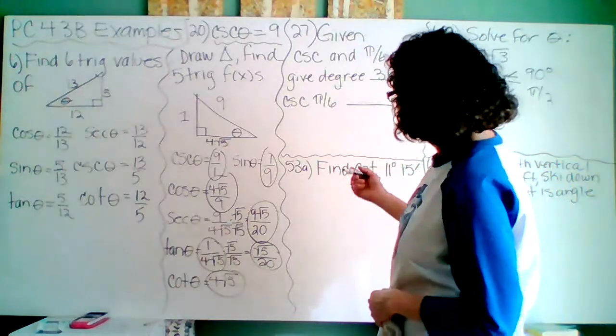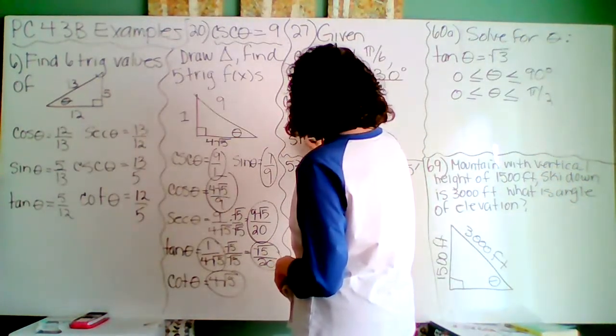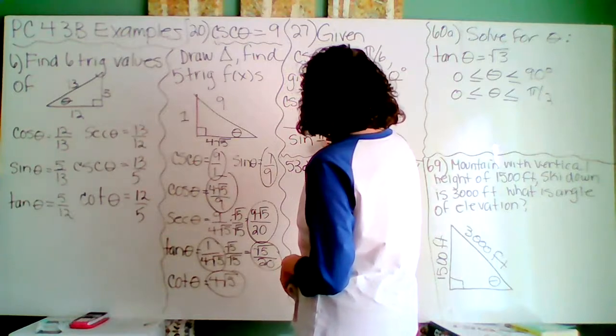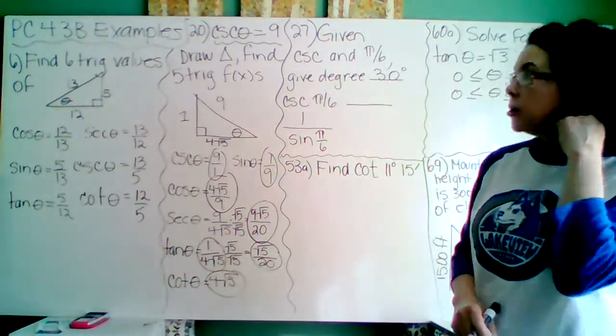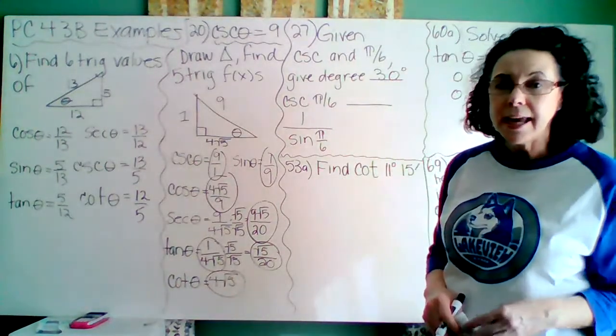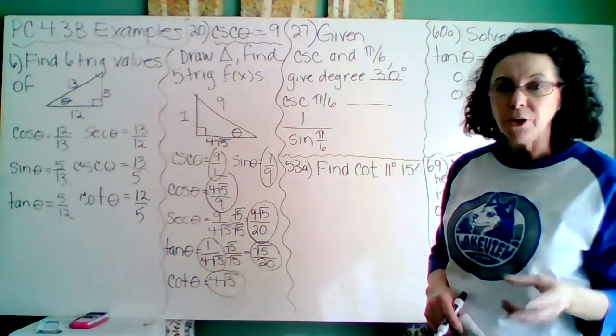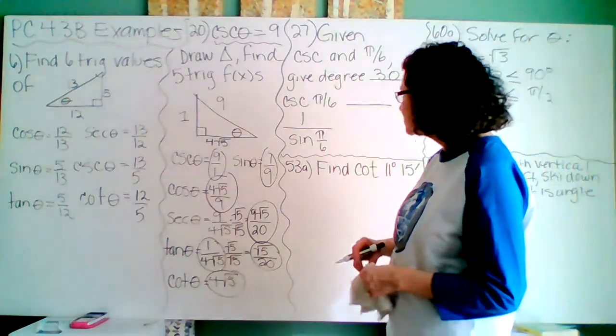That's what I'll have you memorize. So I am going to write cosecant as the reciprocal of sine of pi over 6. Notice I don't take the reciprocal of the angle. Sine and cosecant are reciprocal at the same angle. You don't take the reciprocal of the angle.